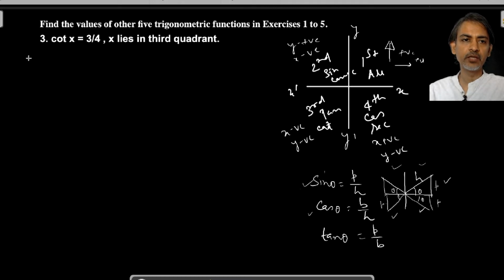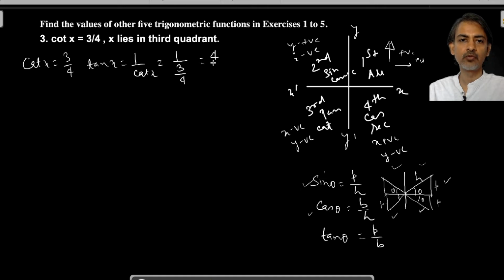We have been given cot x equals 3 by 4. So we can get tan x from here. Tan x equals 1 upon cot x, which is 1 upon 3 by 4. So 4 will go up, so it will become 4 by 3. Now we have got cot and tan.